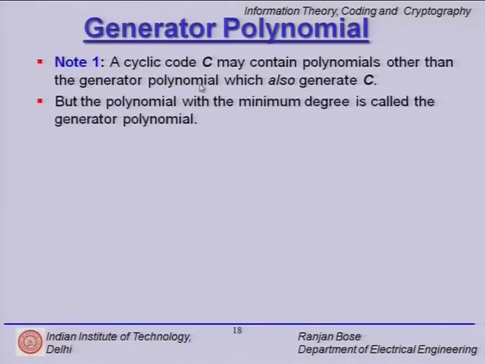So, a cyclic code C may contain polynomials other than the generator polynomial, which can also generate C. But the polynomial with the minimum degree is called the generator polynomial. This we had mentioned earlier, and the degree of g(x) is n minus k, and therefore, when you multiply with another polynomial of degree k minus 1, you get a resultant polynomial with degree n minus 1.